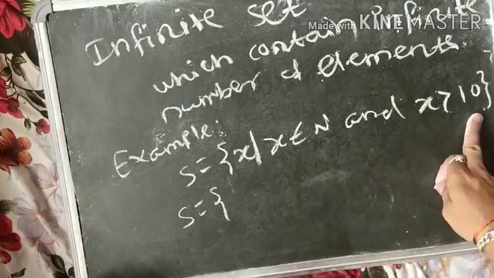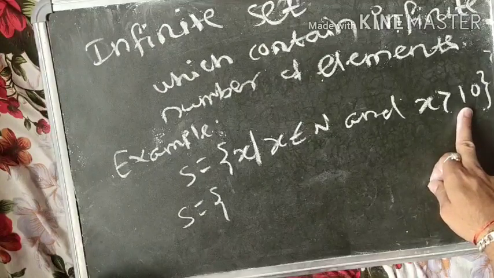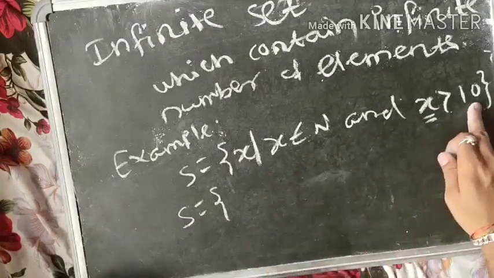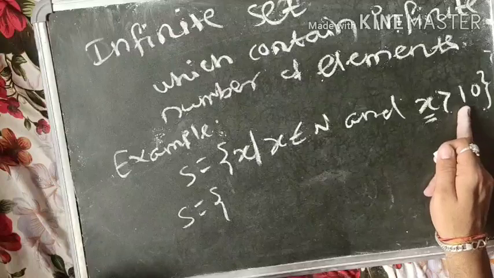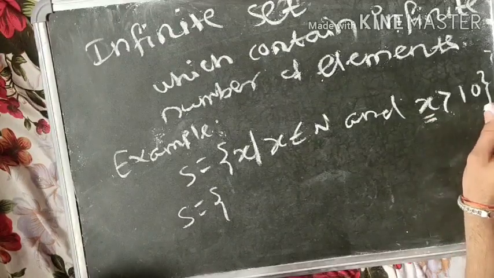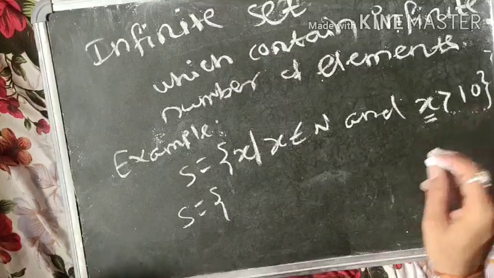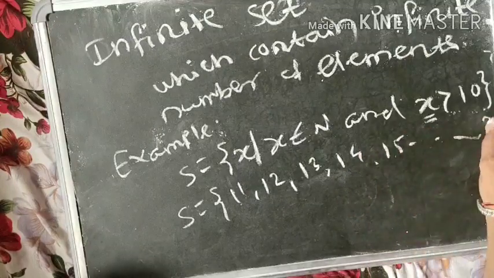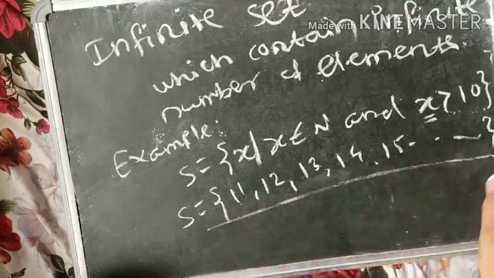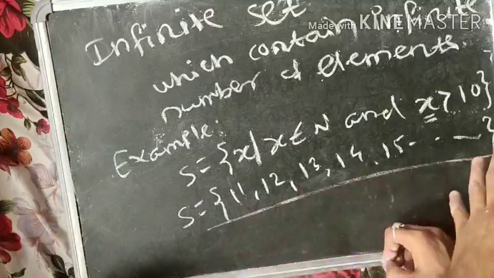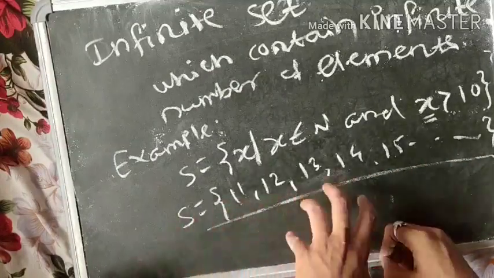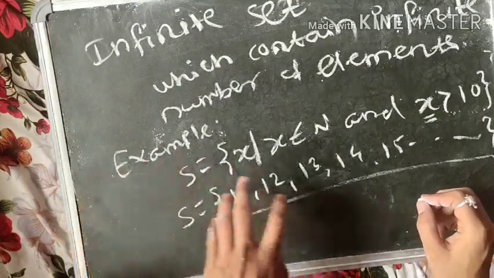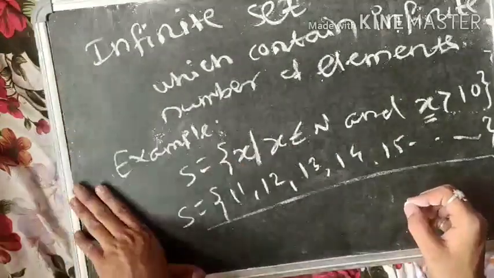Starting with 0, 0 is less than 10, but here x is greater than 10. 1, 2, up to 9 are less than 10, and the condition is x greater than 10, not equal to 10. So 11, 12, 13, 14, 15, and so on. Here we cannot count the total number of elements in the set, so this type of set is called an infinite set.